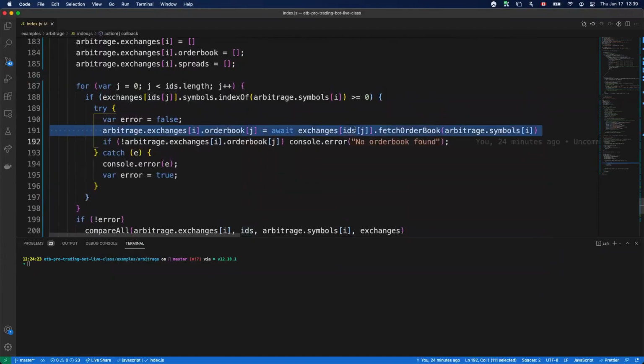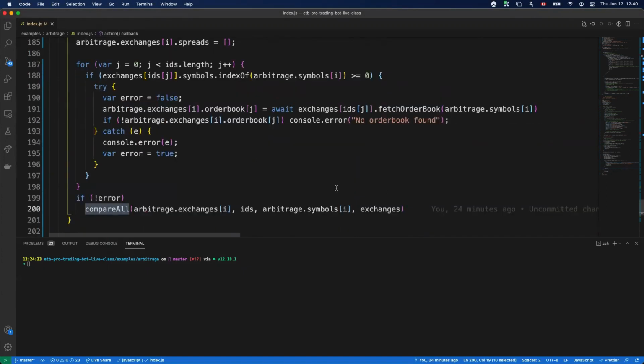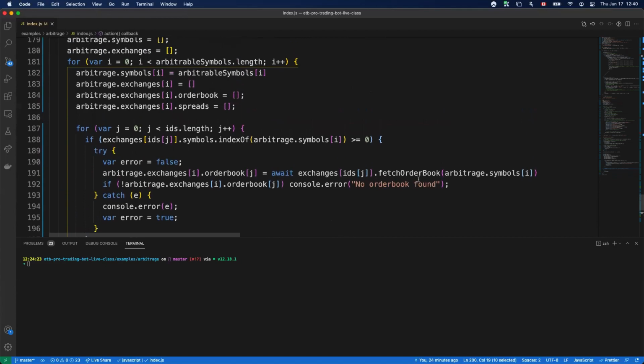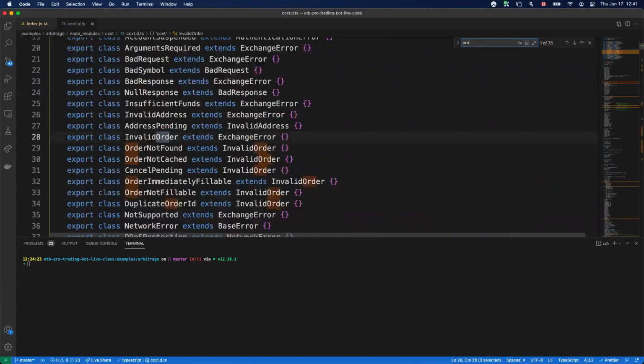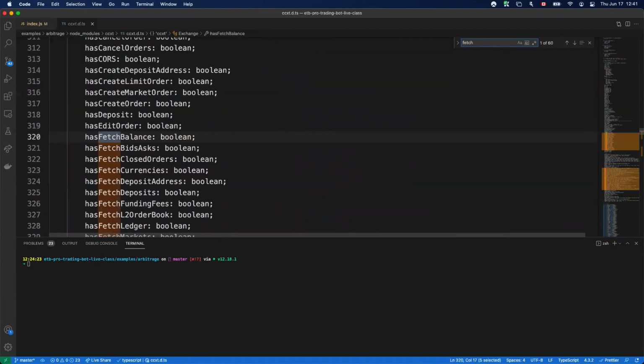So this is where we are fetching the order book, right? And it does have the historical data as well. Fetch order book is for historical. Let me double check. Yep, fetch order book can be used for getting the historical data as well.